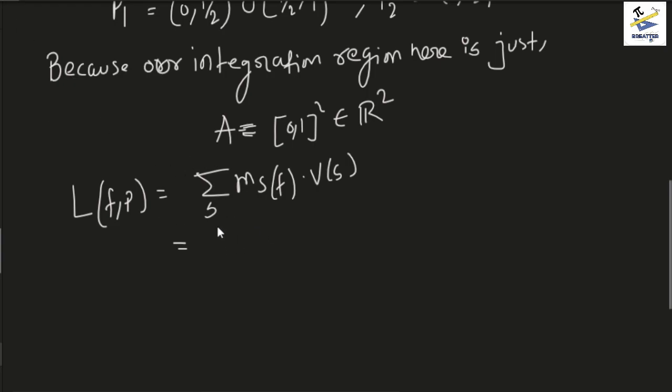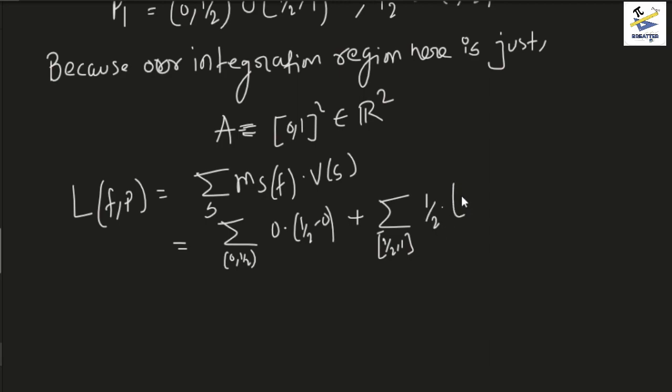For the first rectangle, 0 to 1 by 2, the infimum is 0 and the volume is half minus 0. For the second rectangle, from half to 1, the infimum is 1 and the volume is 1 by 2. So it becomes 1 by 2.